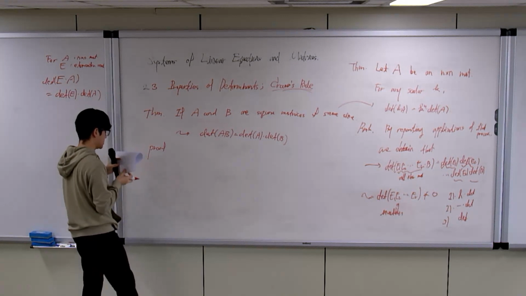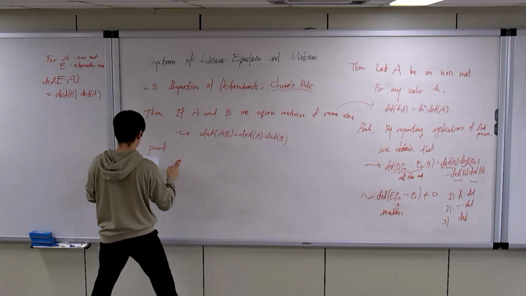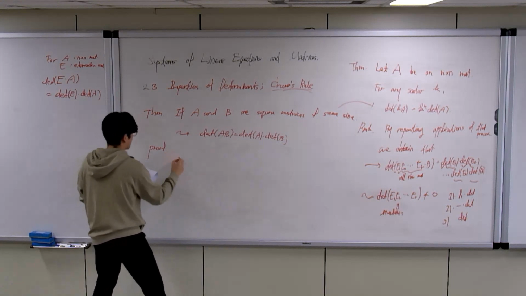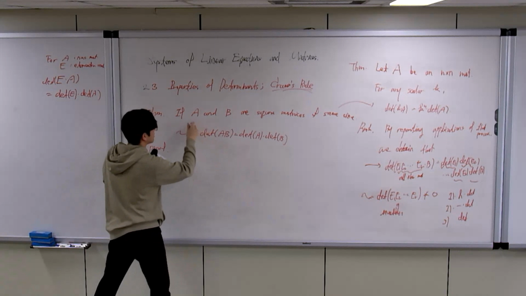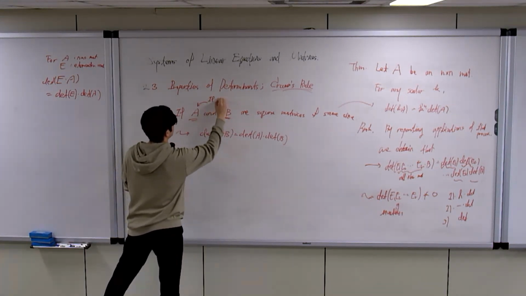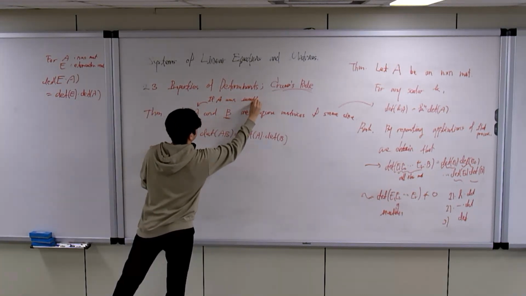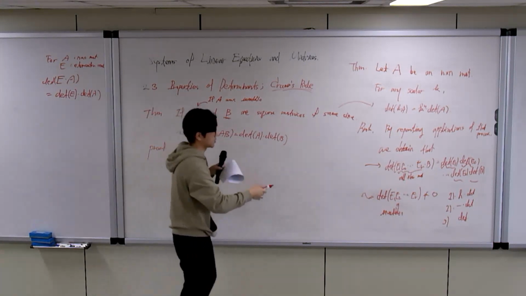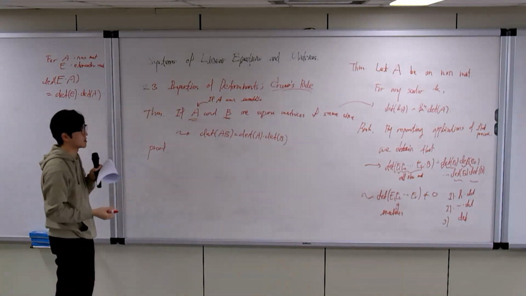I just wrote the invertible matrix case. Okay. When A is invertible, I will choose one matrix. Then AB is also invertible, and an invertible matrix will have a non-zero determinant.